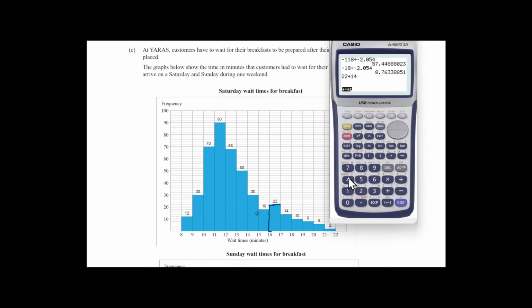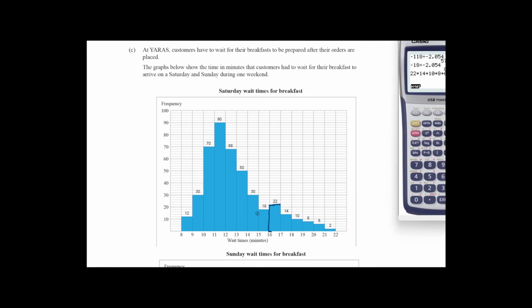22 plus 15 plus 10 plus 8 plus 6 plus 2 is 62.